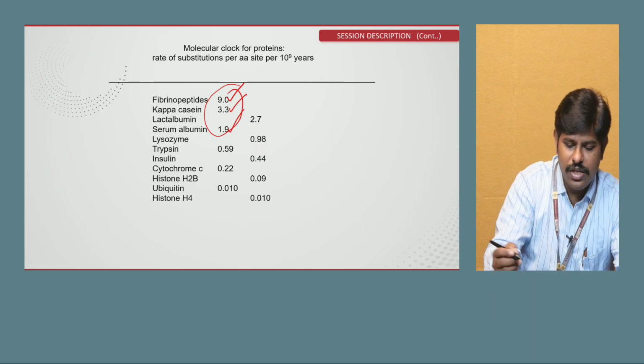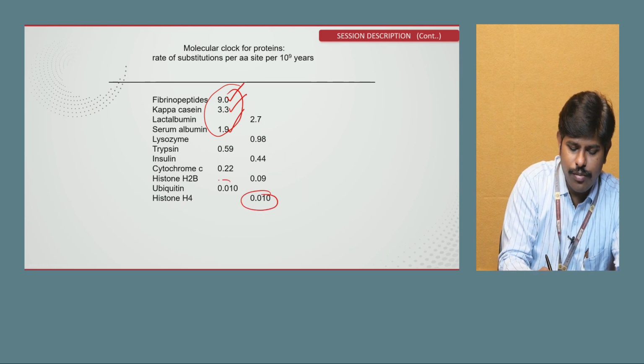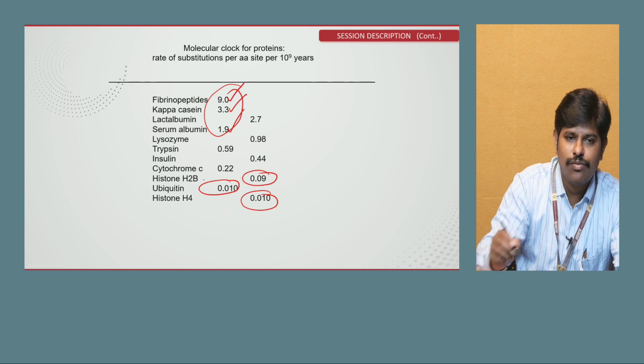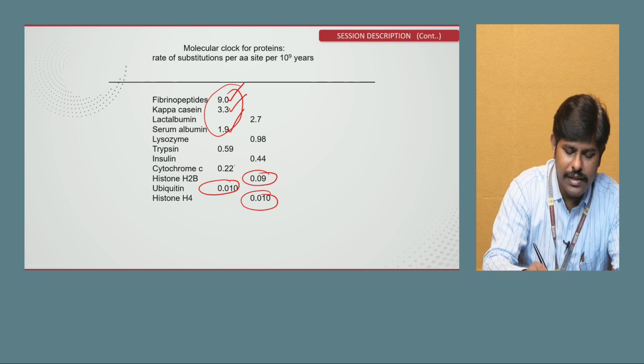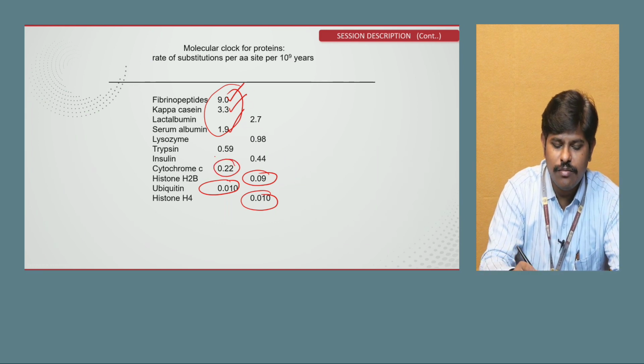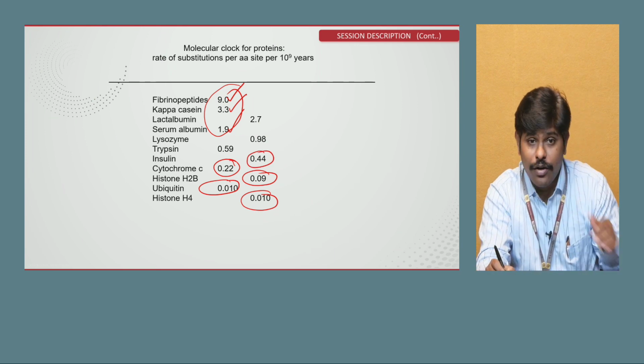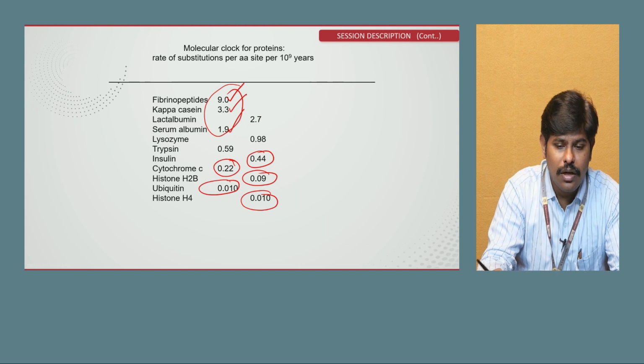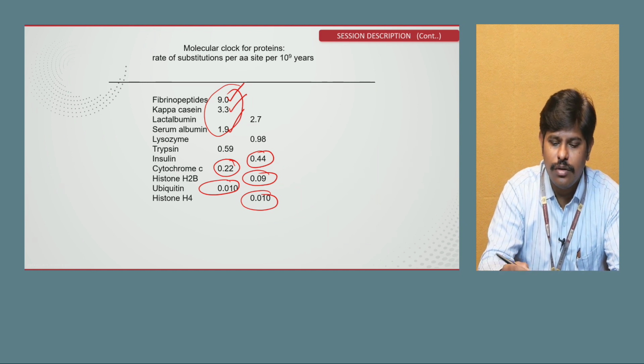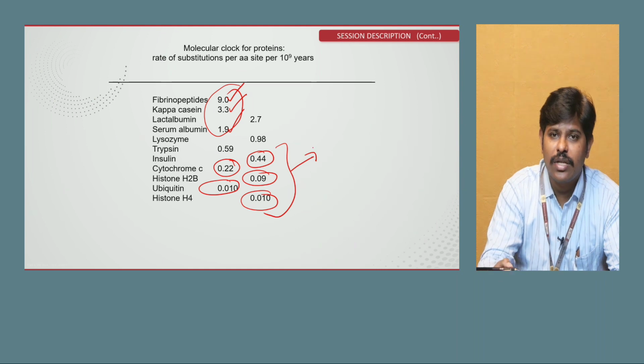Whereas histone H4, ubiquitin, histone H2B, histones involved in nucleosome organization, cytochrome in energy metabolism, and insulin are most conserved. So the number of mutations is lower for these sequences.